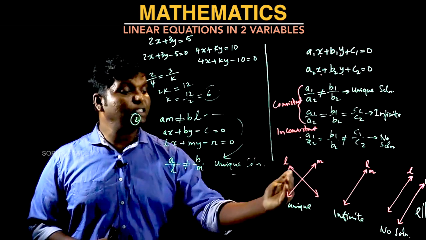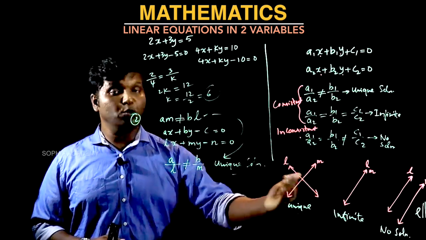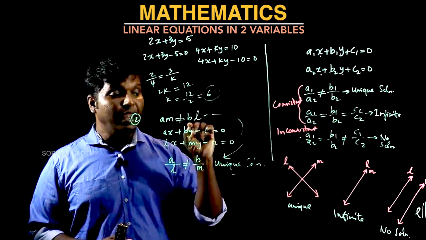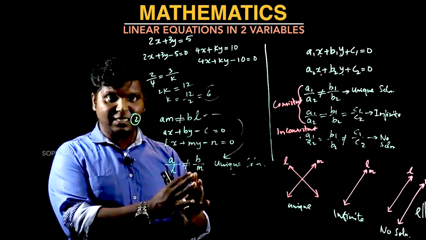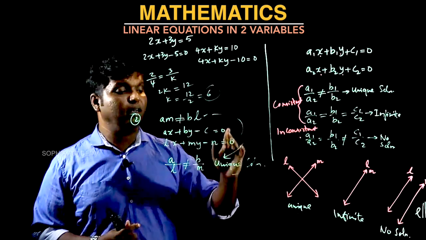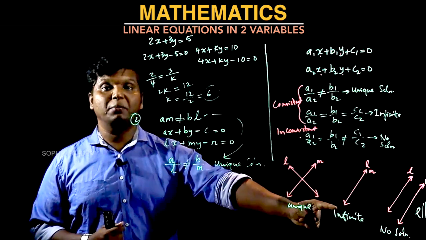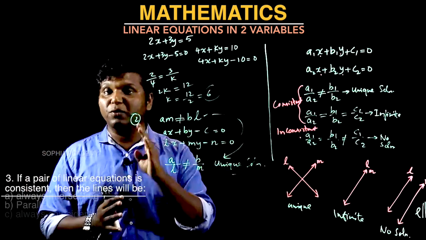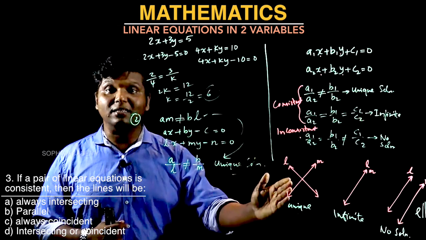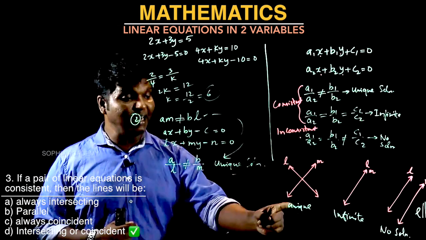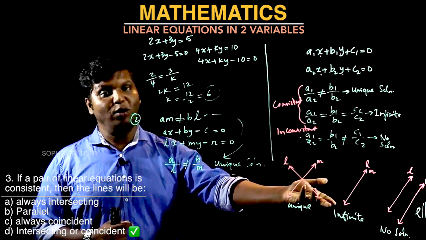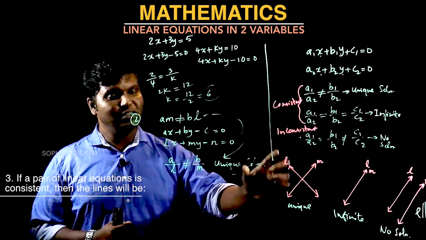So we can say that if a pair of linear equations has to be consistent, they can be this one or they can be this one. That means from our options, which one will we choose? They can intersect or they can coincide. So the fourth one is our option. Is that clear? So that's it.